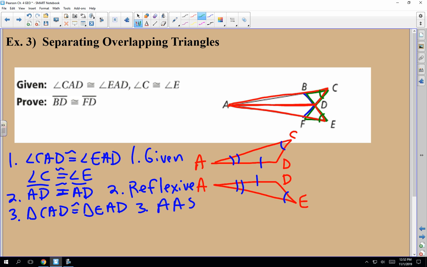Little short guys in there. Oh yeah, it's these two here. It's this guy here, the CD, and the DE. So you can make the statement CD is congruent to ED by CPCTC.